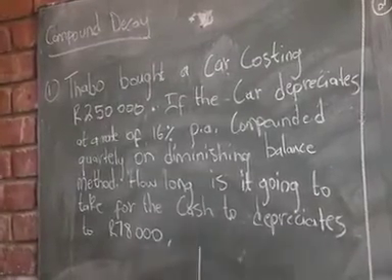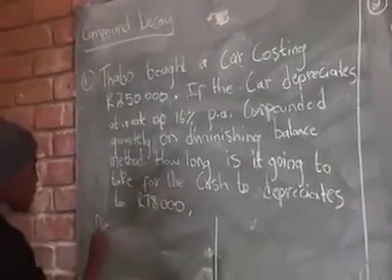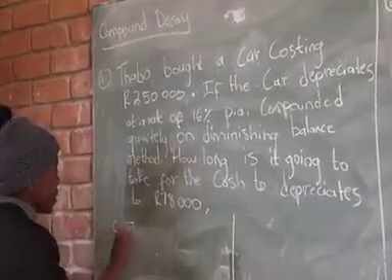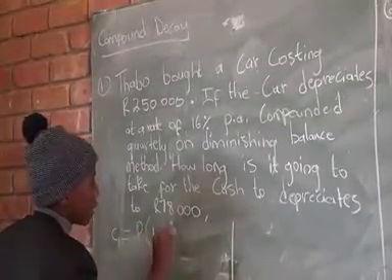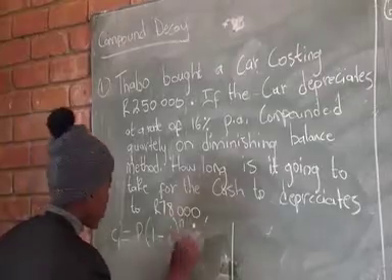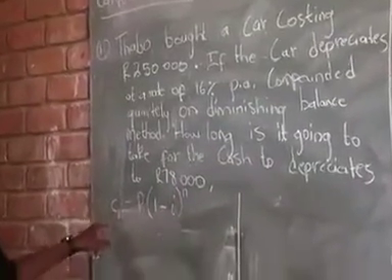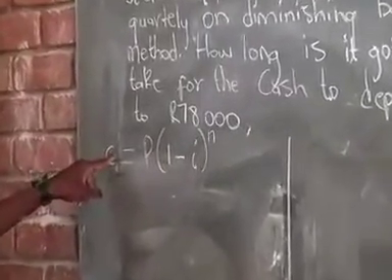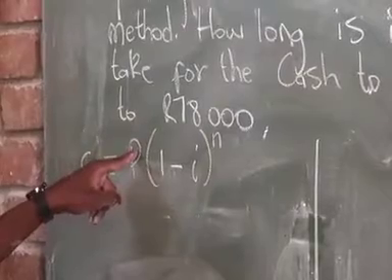If you can still remember very well, on the last video I mentioned that the formula for compound decay is A = P(1 - i)^n. So this is the formula for compound decay. This A denotes the carrying value after a certain period of time, and this P denotes the amount at the start.